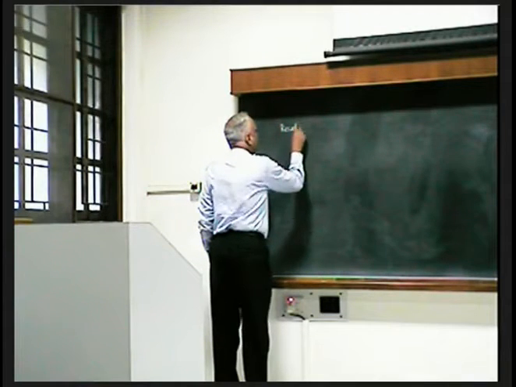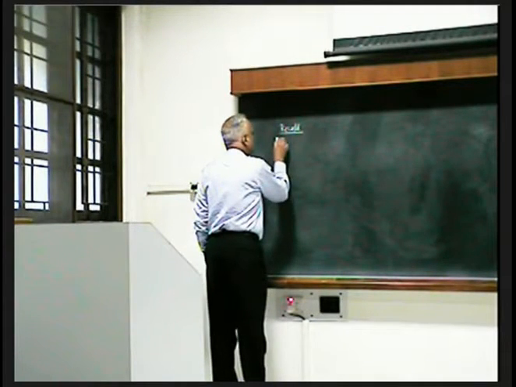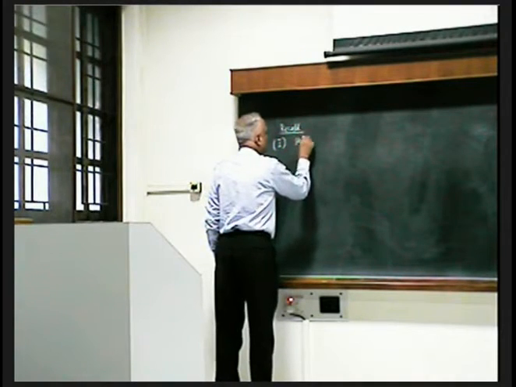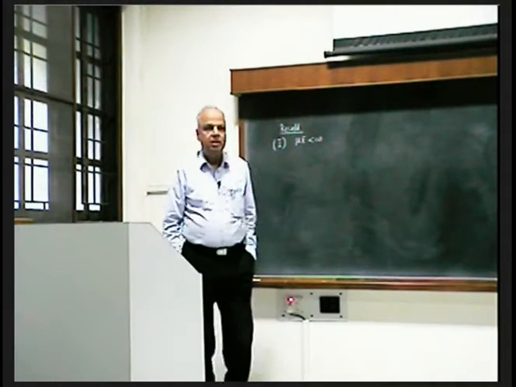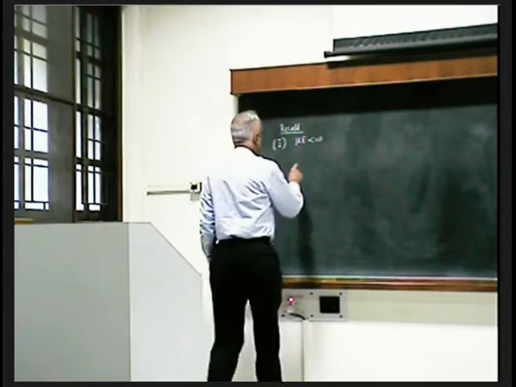Recall what we had done. The first step we did was we looked at finite measure, and then f bounded measurable.